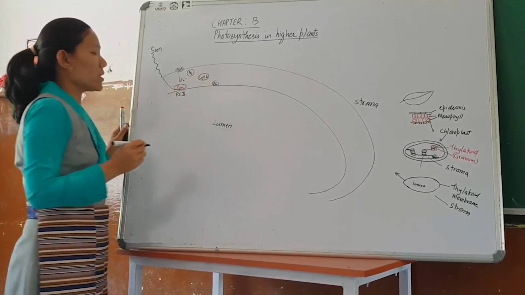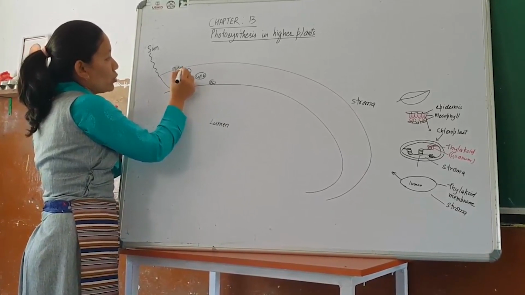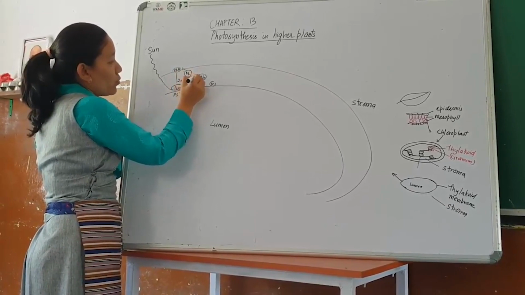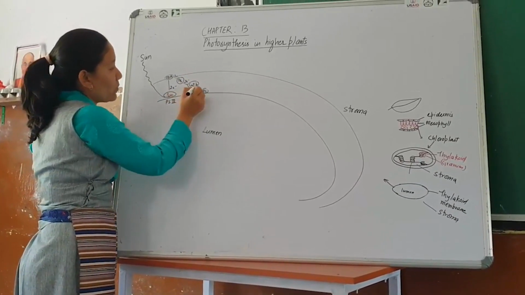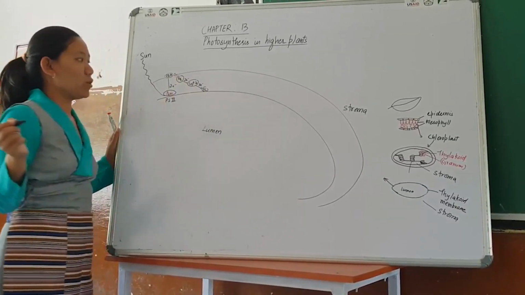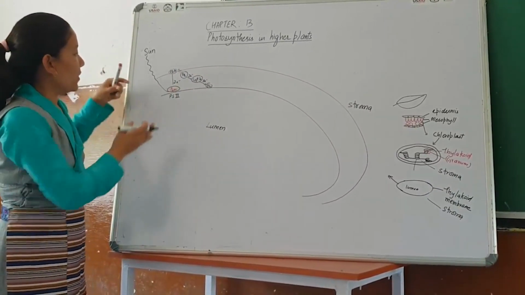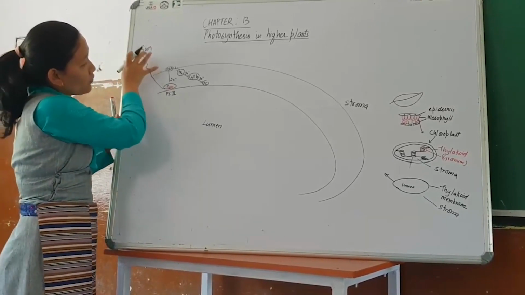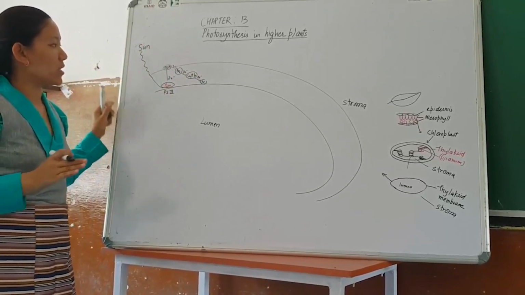So now what happens is, the primary electron acceptor passes the electron to plastoquinone, and this plastoquinone passes the electron to cytochrome b, and cytochrome b passes on the electron to plastocyanin. So in the process there is reduction and oxidation, and that reaction is called a redox reaction. Energy transfers from a higher energy state downhill to a lower energy state, that is a downhill flow of electrons here.